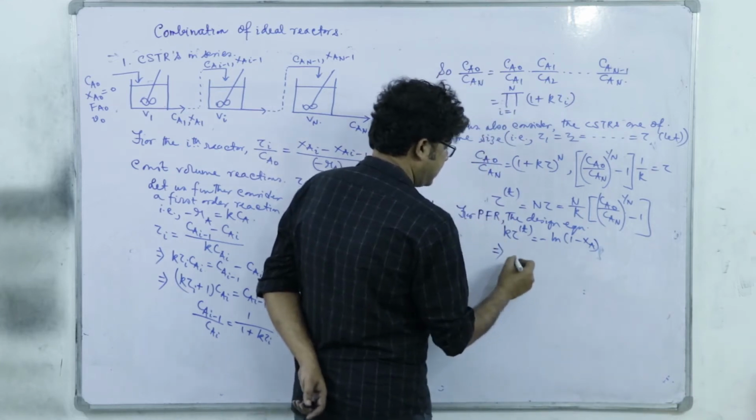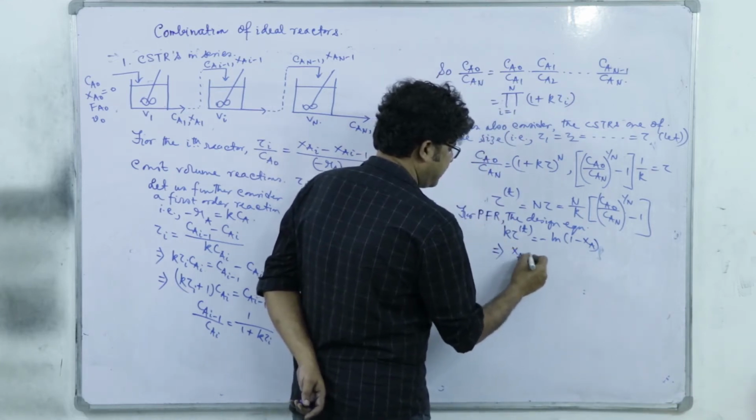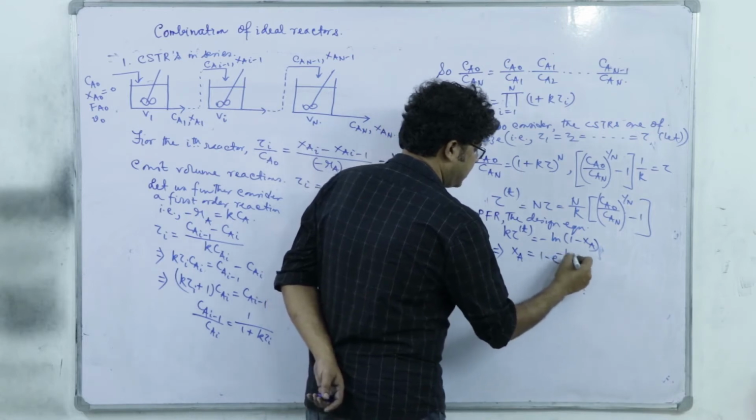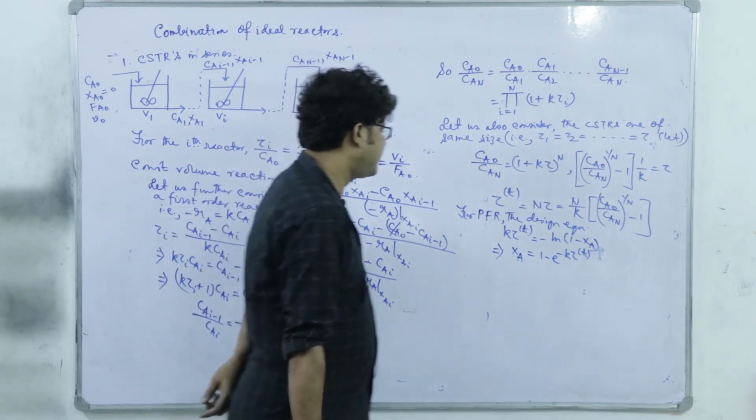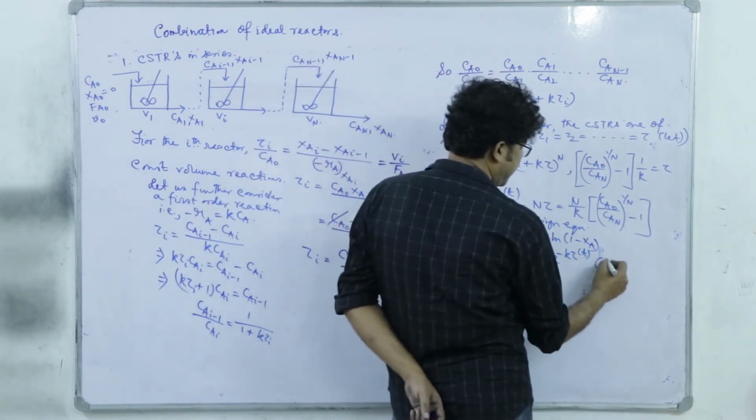So Xa is equal to 1 minus e to the power minus k tau total. So that's for PFR.